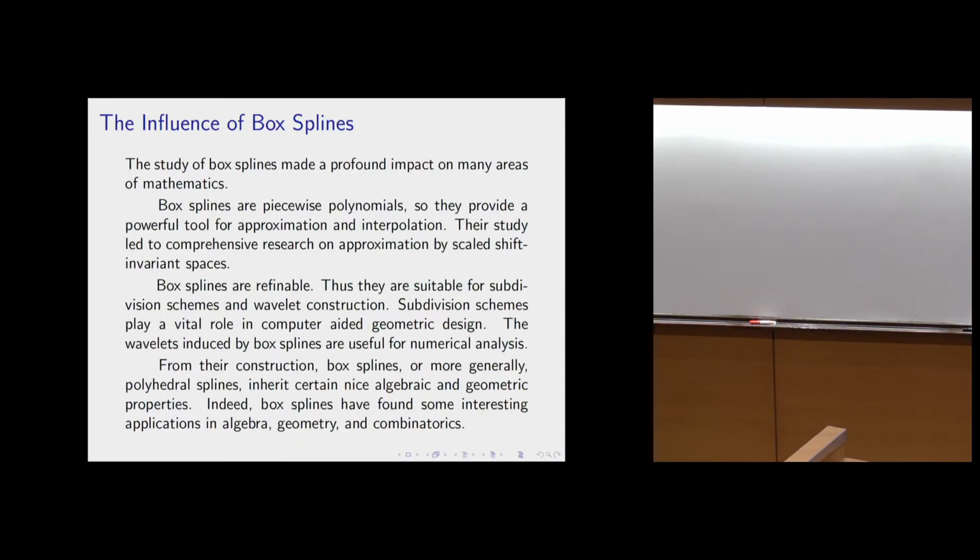The study of box splines made a profound impact on many areas of mathematics. Box splines are piecewise polynomials, so they provide a powerful tool for approximation and interpolation. Their study led to comprehensive research on approximation by shift invariant space, scaled shift invariant space.